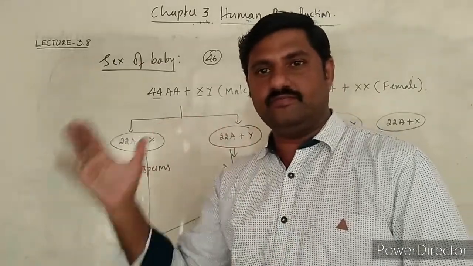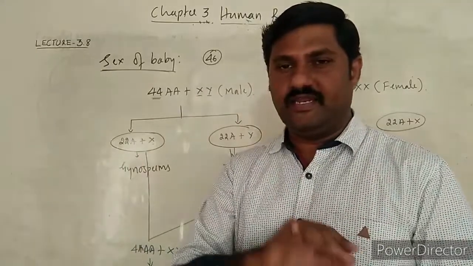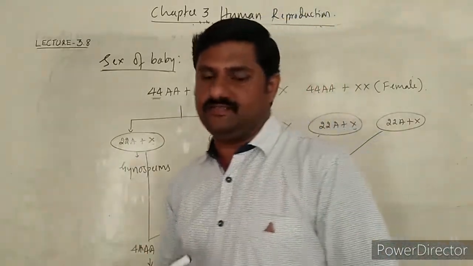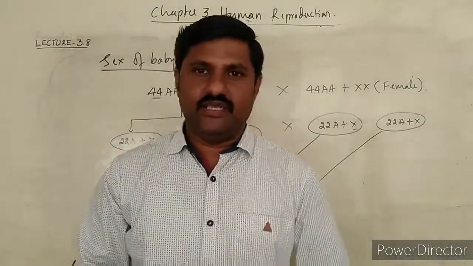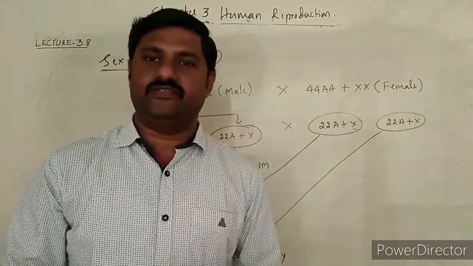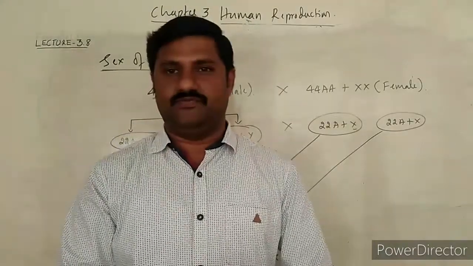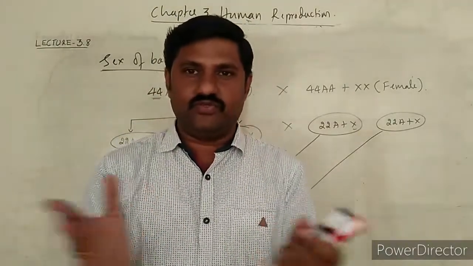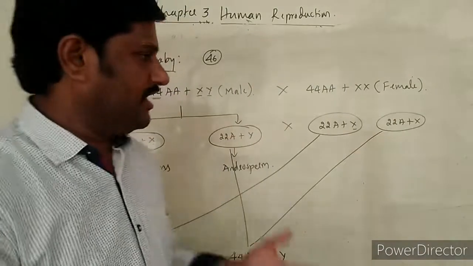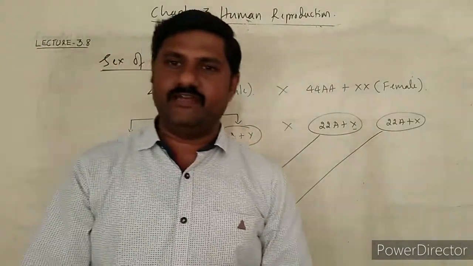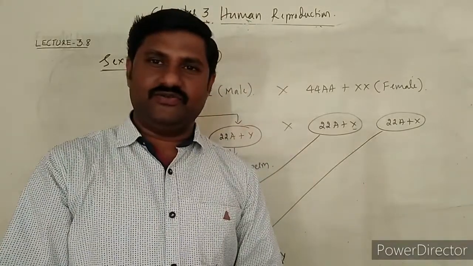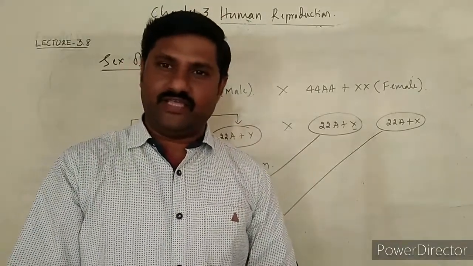Whether the baby is male or female, it is decided like this. So this is how sex determination occurs in the baby after fertilization. This is based on the chromosomal pattern itself. What I have written over here are all chromosomal patterns, right? I hope you have understood this very clearly. Thank you very much.